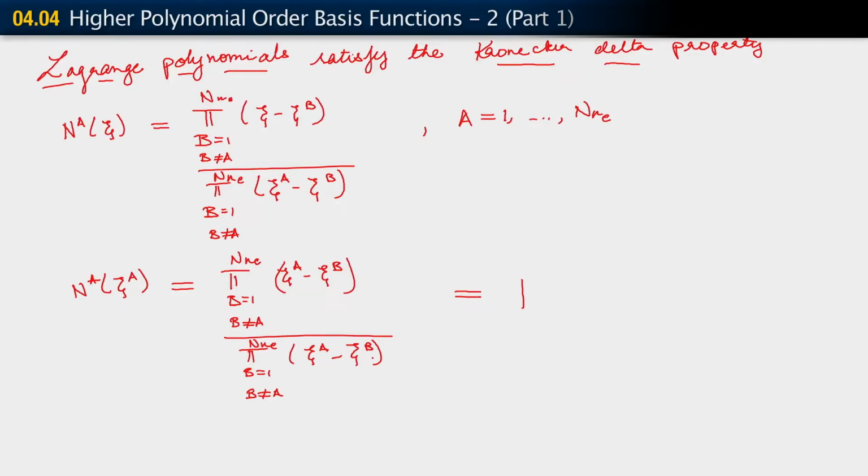All right, let's see what happens if we evaluate xi at some other position in the element in the parent domain.